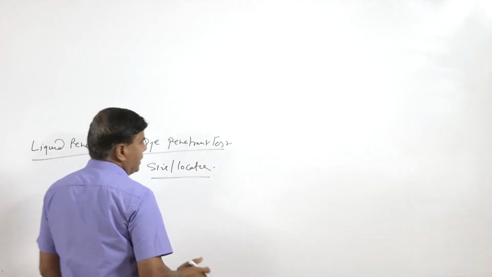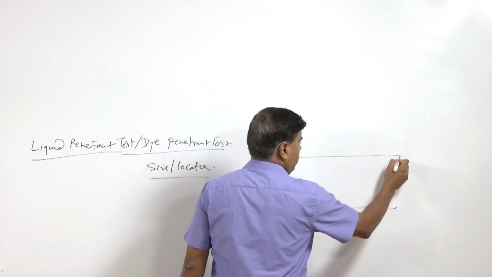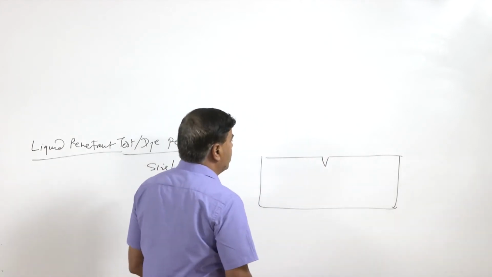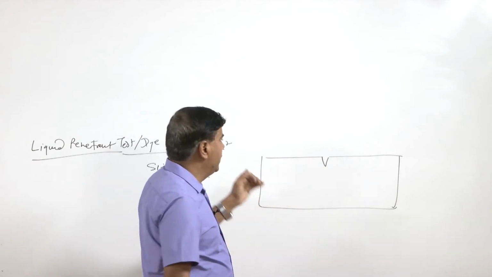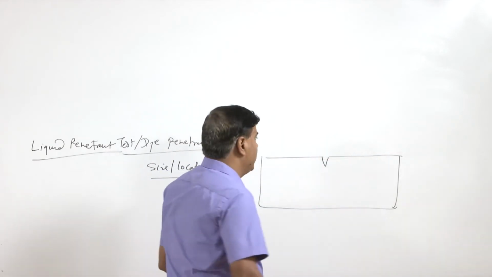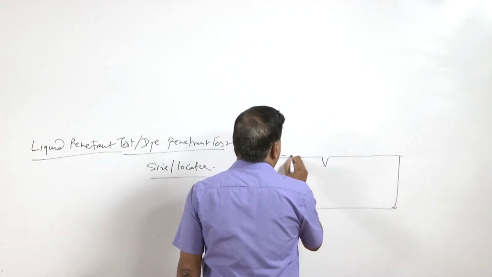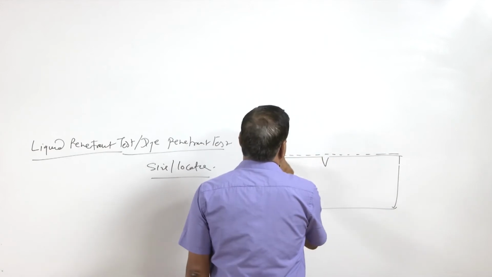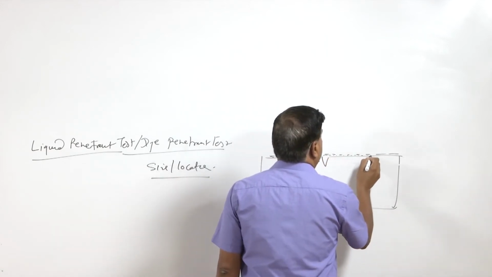In this test what we do basically, say if this is the component and it has some kind of crack like this. First of all, the surface to be inspected of the failed component is cleaned, and after the cleaning we apply the dye over the surface. Dye is basically a thin liquid with color.